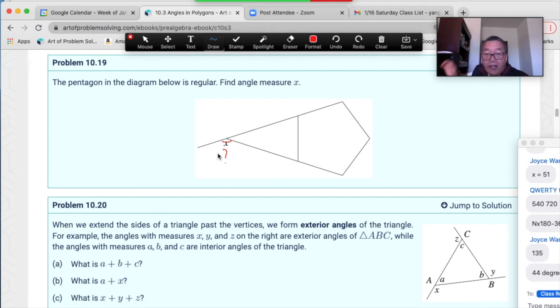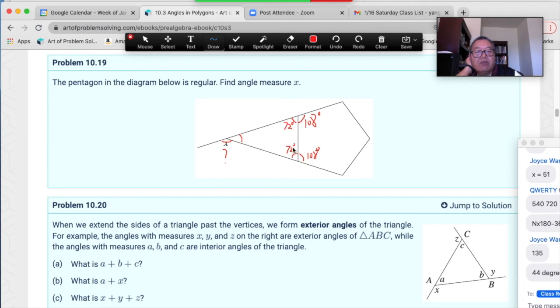We already know for a regular pentagon, each angle should be 108 degrees. So that means this angle will equal 72 degrees. And this angle also equals 72 degrees because this one equals 180 degrees. Then in this triangle, the sum of these three angles should equal 180 degrees.